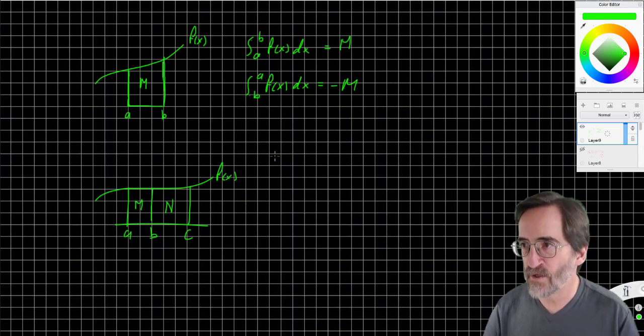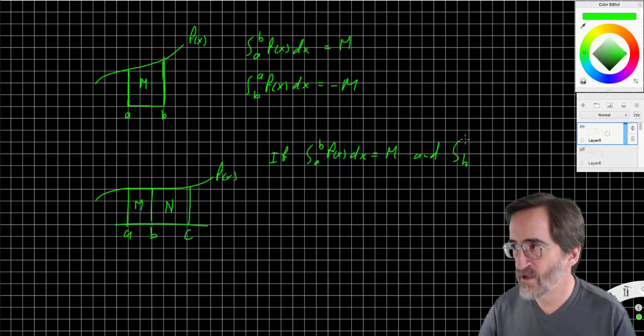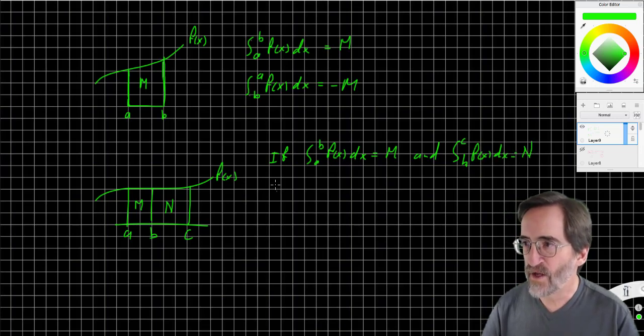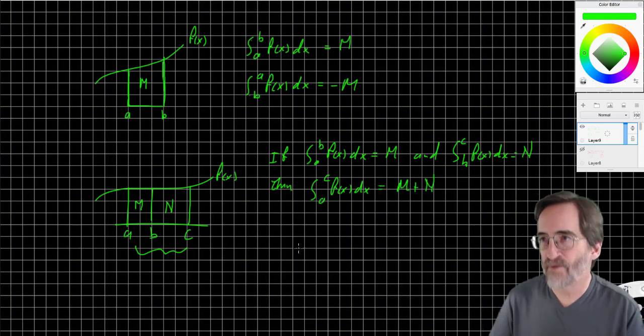That would be notated this way: if the integral from a to b of f of x dx equals m, and the integral from b to c of f of x dx equals n, then the integral from a to c, so the whole integral of f of x dx, is m plus n.